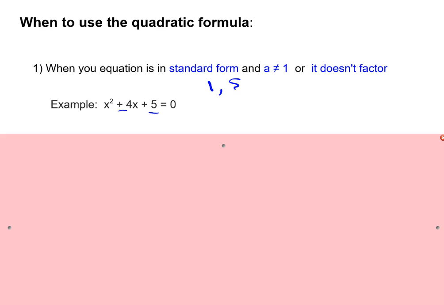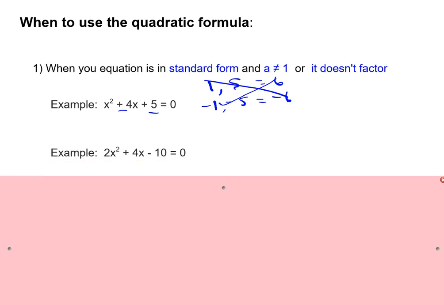If it had been minus 5, it would factor, because I could use a -1 and a +5. But since they have to multiply to give me +5, they either both have to be positive, which adds to +6, or both be negative, which adds to -6. It doesn't factor, so then we would say, okay, we want to use the quadratic formula.